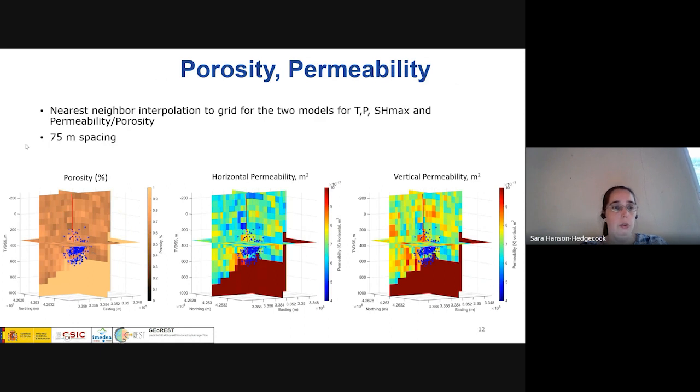We also use porosity, permeability, and vertical permeability. So it's how much it flows in the horizontal XY direction, vertically, and then what's our storage capacity. And this is all data points that are interpolated on a 75-meter spacing.